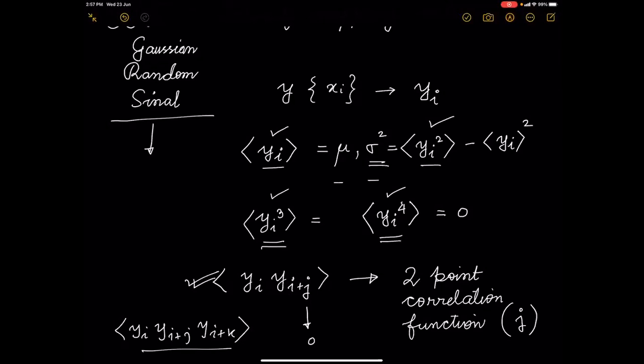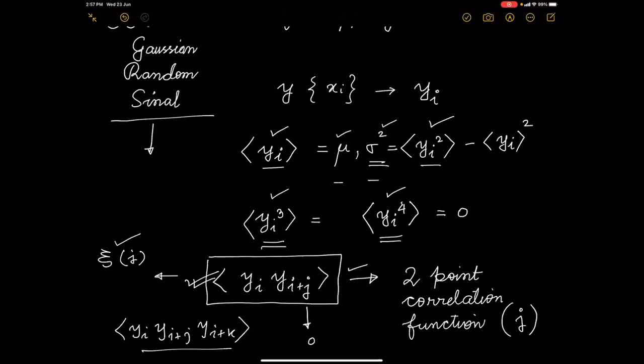A Gaussian random signal is allowed to have only this. If you remember Topuma's lecture, the 2-point correlation function is often called xi, which is a function of j in this particular case. This quantity, mu and sigma square, gives you all statistical properties of the signal. There is no more statistical property left if it is a Gaussian random signal.